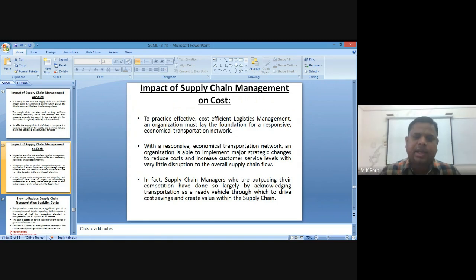Through bidding, they go for the lower price quoted by a particular company. After getting the price, they also analyze different parameters, like whether the company is financially stable, whether they deliver the product on time, whether the mode used by that particular third party is safe.